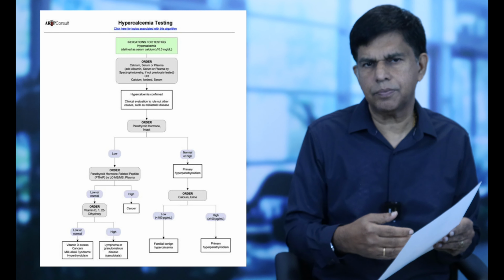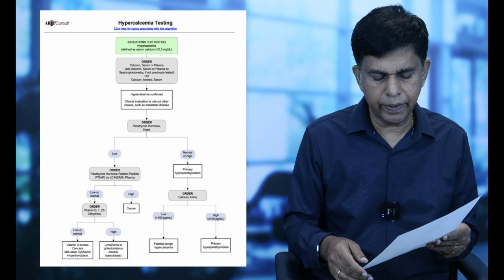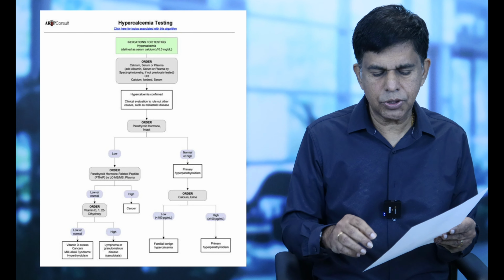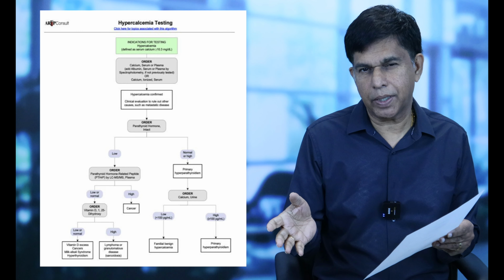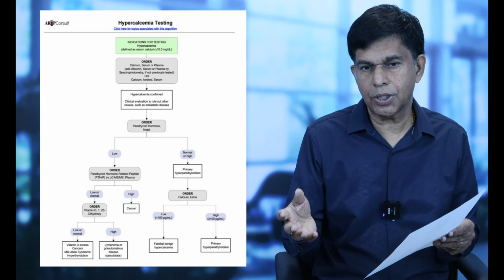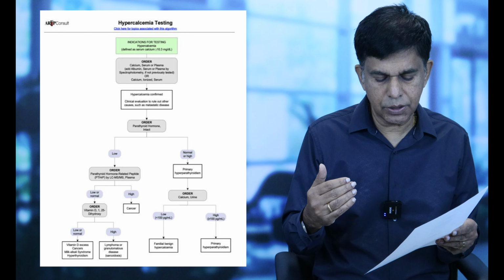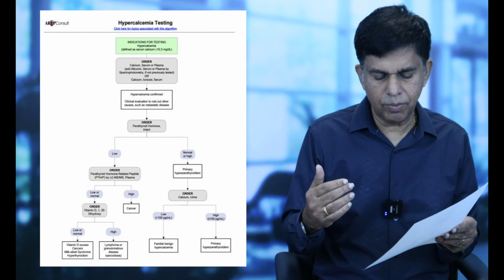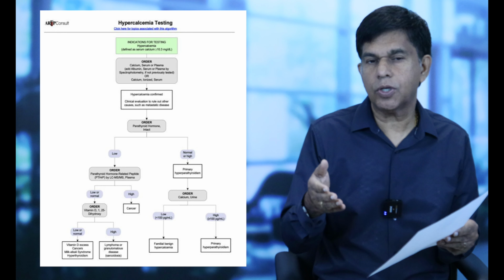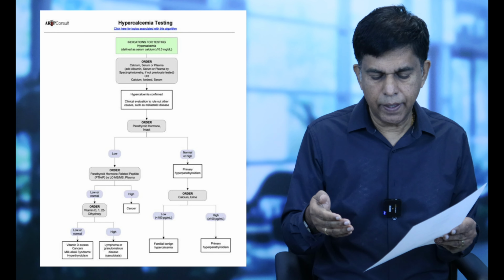It's very simple. Look at this diagram. On the other side, if the PTH is high, as in primary hyperparathyroidism, then you check the urine calcium. If the urine calcium is less than 100, that's familial benign hypercalcemia, which we already covered in a question. If it is high, it's primary hyperparathyroidism.